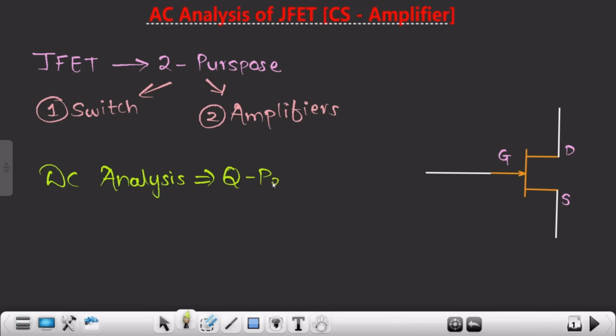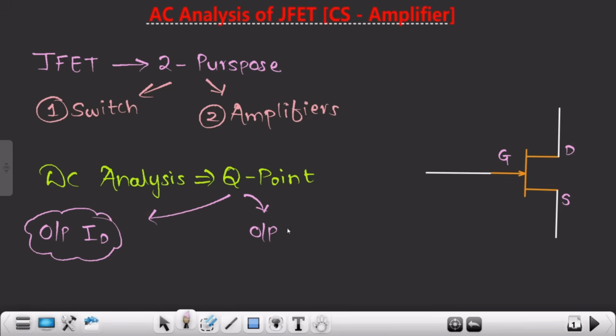When I talk about the Q point, I talk about two parameters. That is the output current, which is known as ID, and second, the output voltage, which is VDS.